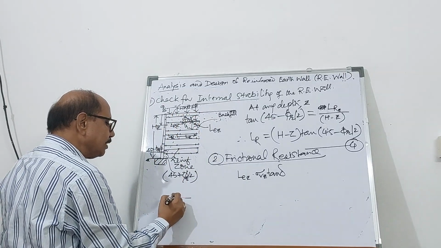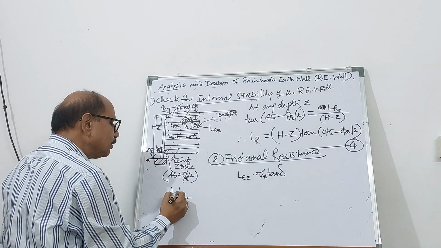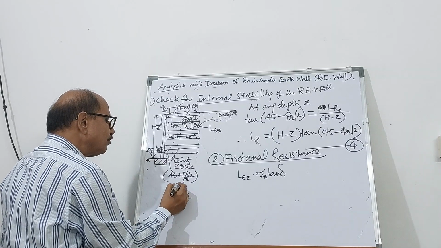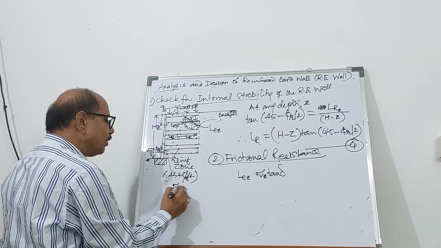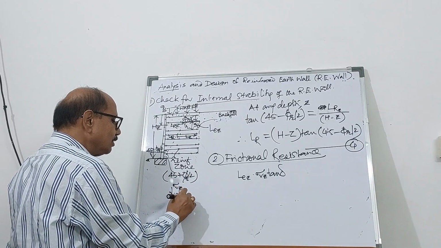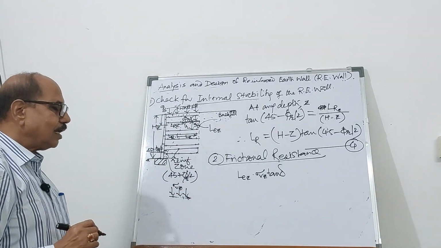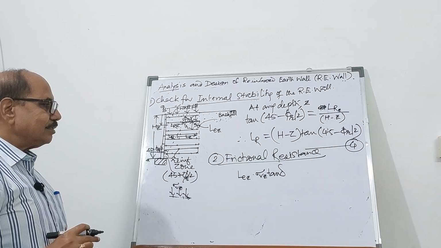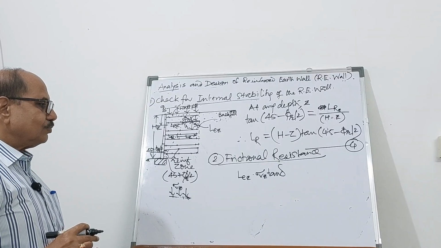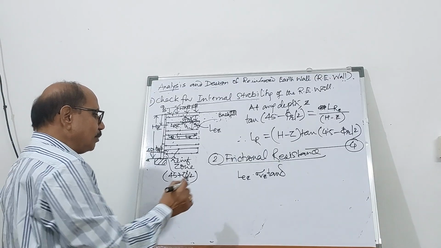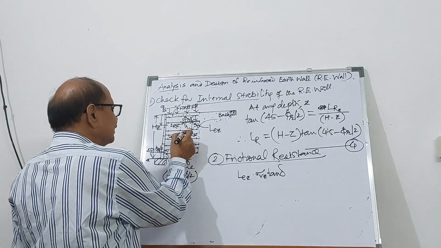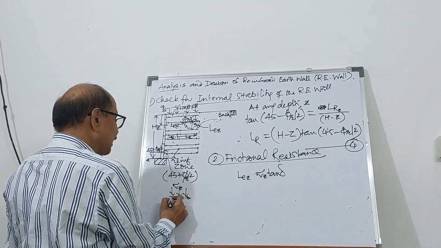There is the reinforcing element and there is the vertical pressure. Sigma V at Z multiplied by tan delta will be the horizontal pressure multiplied by LE. It is acting here as well as here.